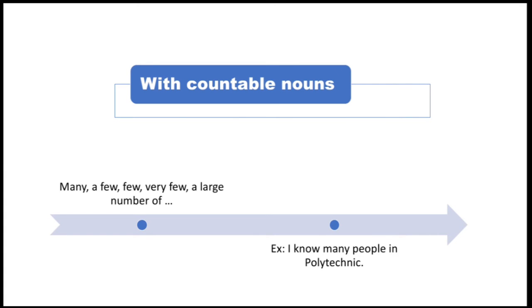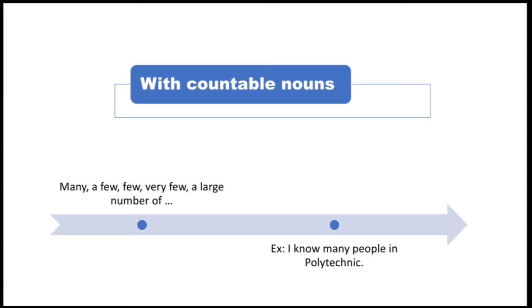Now, we are going to see these terms: many, a few, very few, a large number of something, etc. Many is used to quantify a big number of something. Now it's needless to say a big number of something countable, because once I say a big number, it is a countable noun.